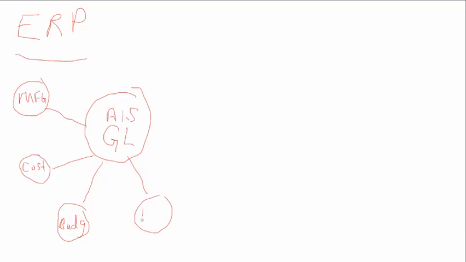Basic activities like purchasing, sales, human resources, treasury activities, all basically go into the central ERP, the core of, again, which is the AIS.